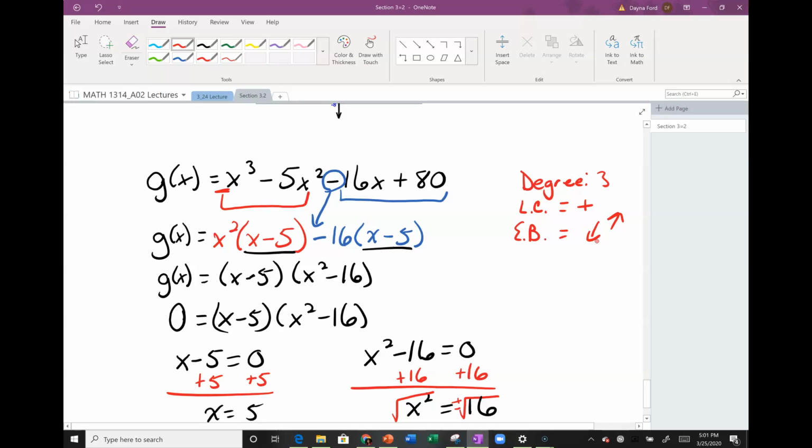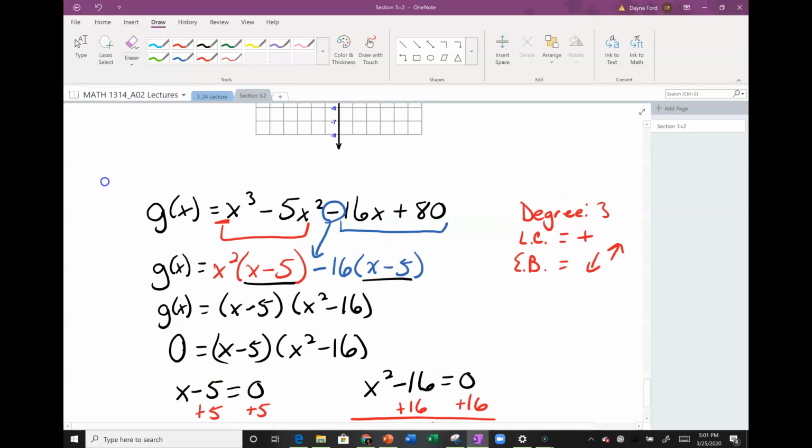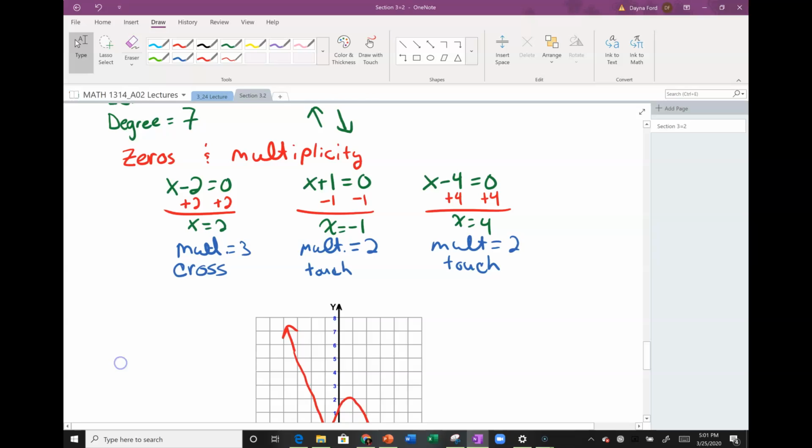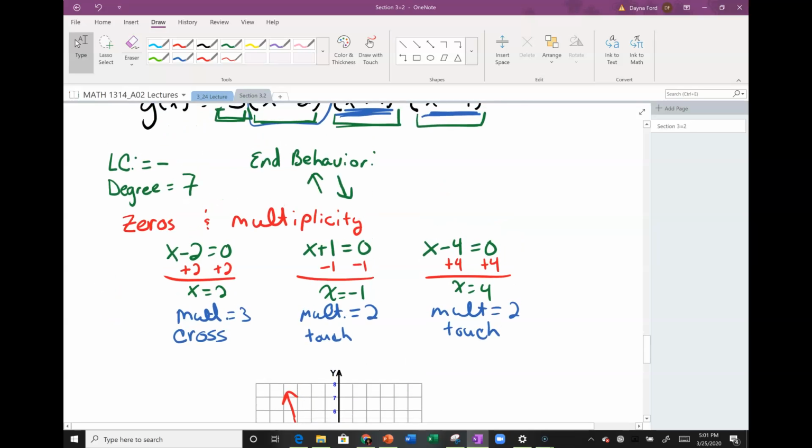Now, one thing that I didn't talk about before, and I'm going to scroll up and look at the previous one, was notice if I look at these multiplicities, a 3, a 2, and a 2, the multiplicities should add up to my degree.